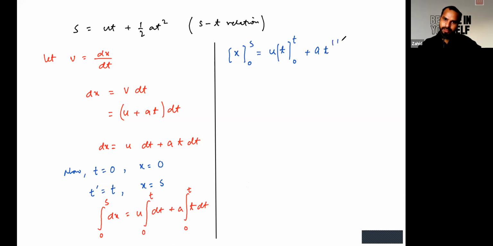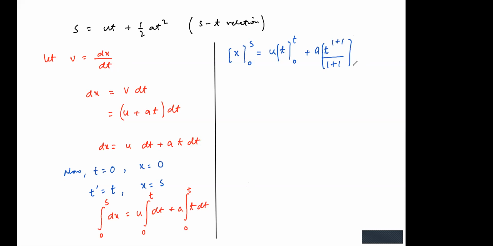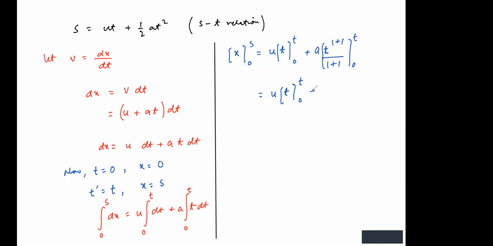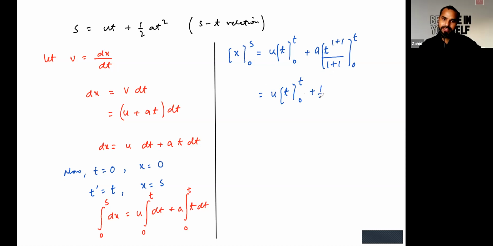It will be t to the power 1 plus 1 divided by 1 plus 1, with limit from 0 to t. Now on rearranging, it will be ut with upper limit, lower limit, plus t squared over 2. So we can write it as half a outside and just t squared with limit from 0 to t. Now put in the limits.